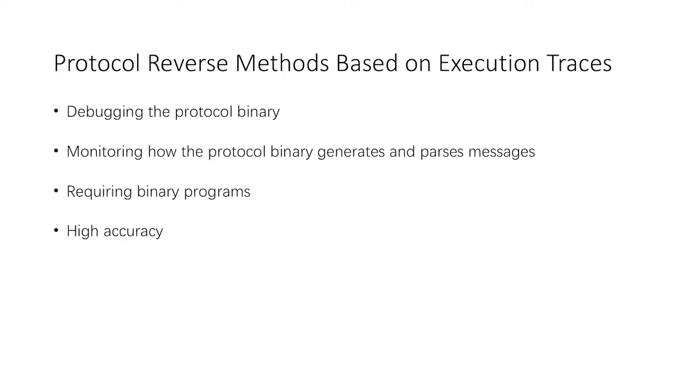Because these methods can dissect the real binary program, the accuracy of the inference results is generally high. Some private protocol developers may use obfuscation techniques to hinder protocol specification inference, such as binary packing, eliminating unnecessary instructions, and replacing call with indirect jumps.